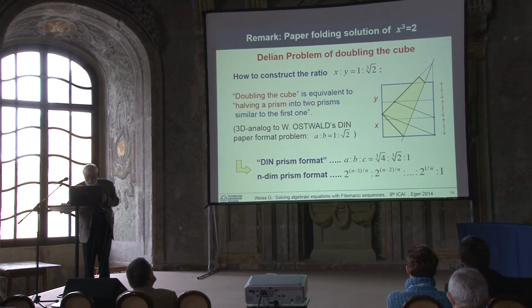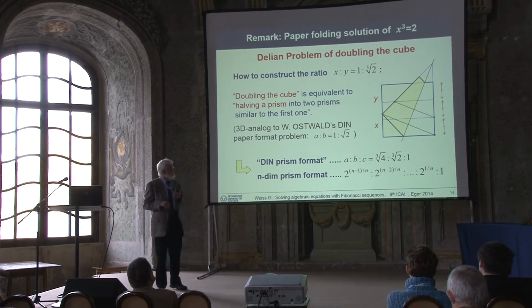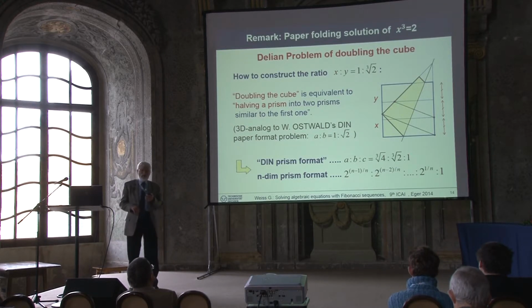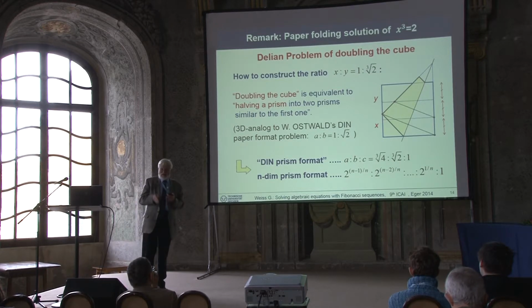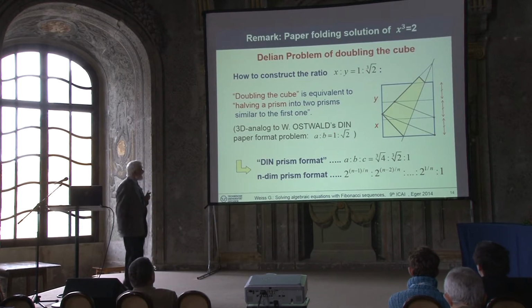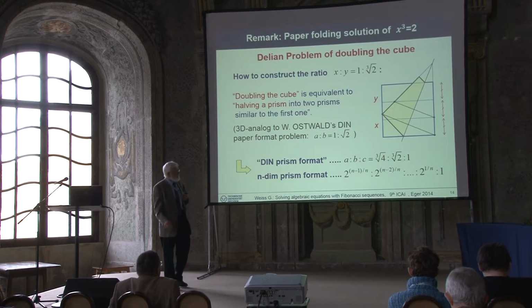This also has a paper folding solution. Everybody knows that our DIN format number is 1 to square root of 2 for papers, but in space, to cut a prism such that you get two prisms of the same side ratio, A to B to C would be the third root of 4 to the third root of 2 to the third root of 1.